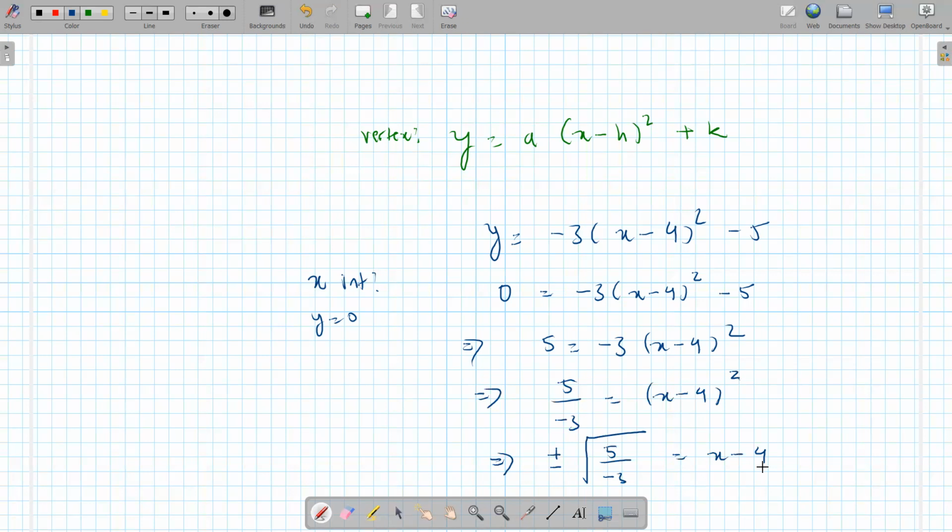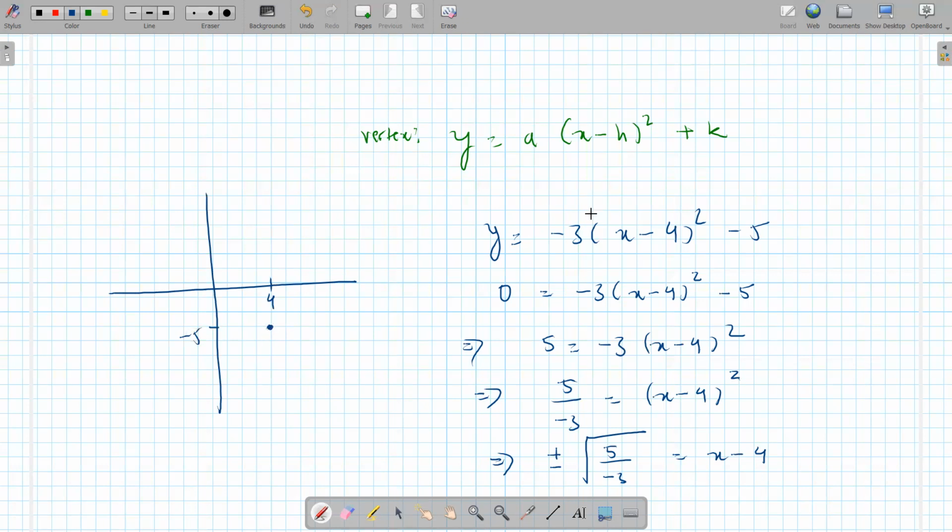So for our purposes, what that means is that this equation, in the vertex form, does not go through the x-axis, okay? We can show this as well because this is a parabola that opens downwards that has a vertex at +4 and -5. So here's the vertex, right?